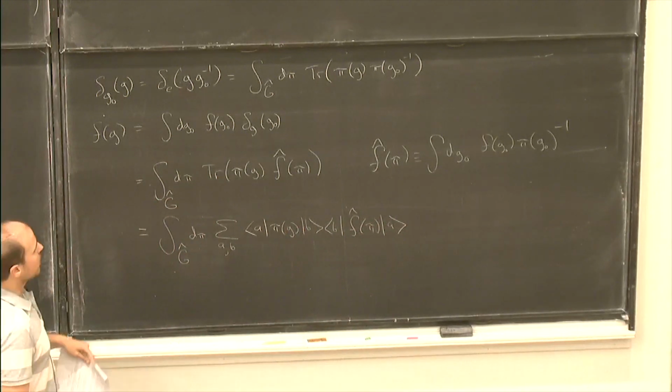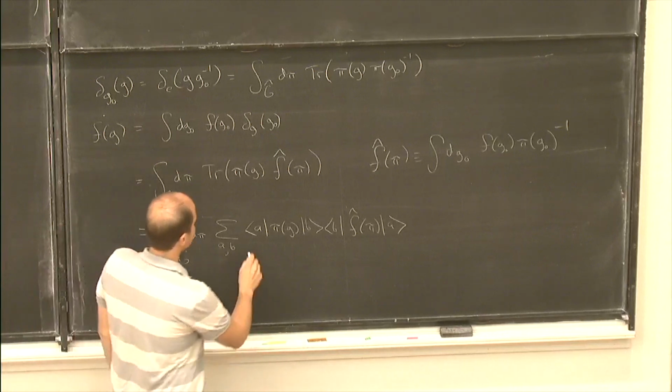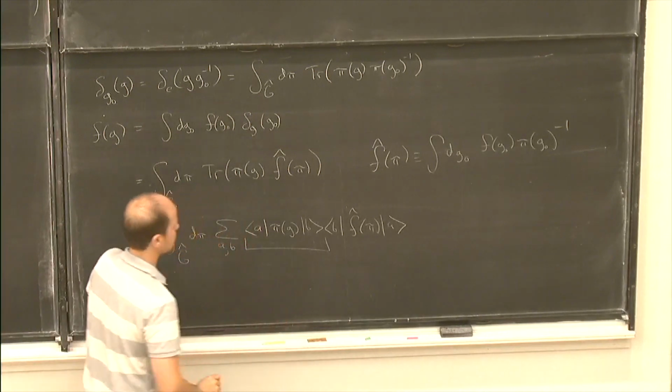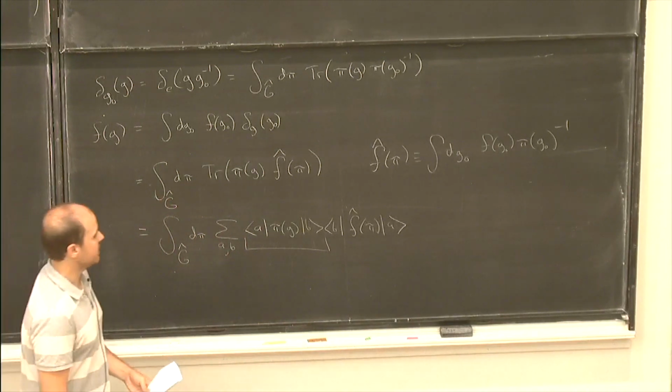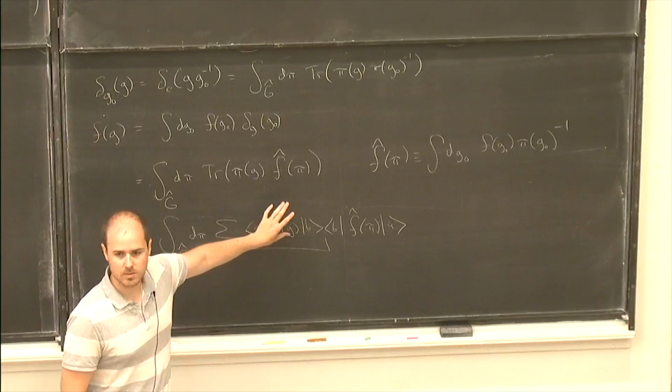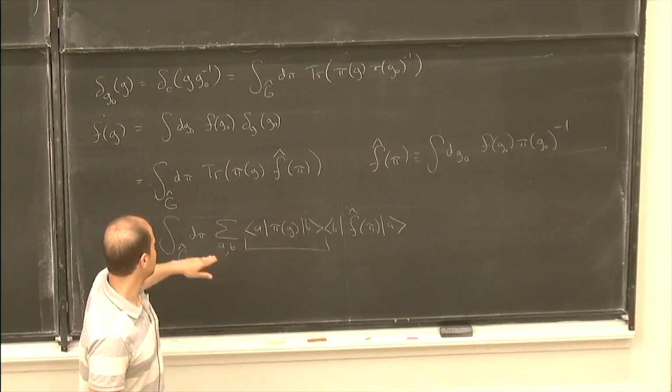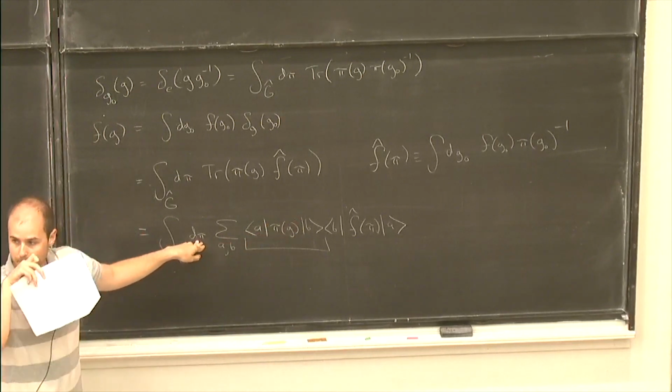And so the key thing that you should see here is these are matrix elements of the group in certain irreducible representations. The claim is that any function on the group can be written as a linear combination of matrix elements in certain special representations, namely those representations that appear in this integral over pi.